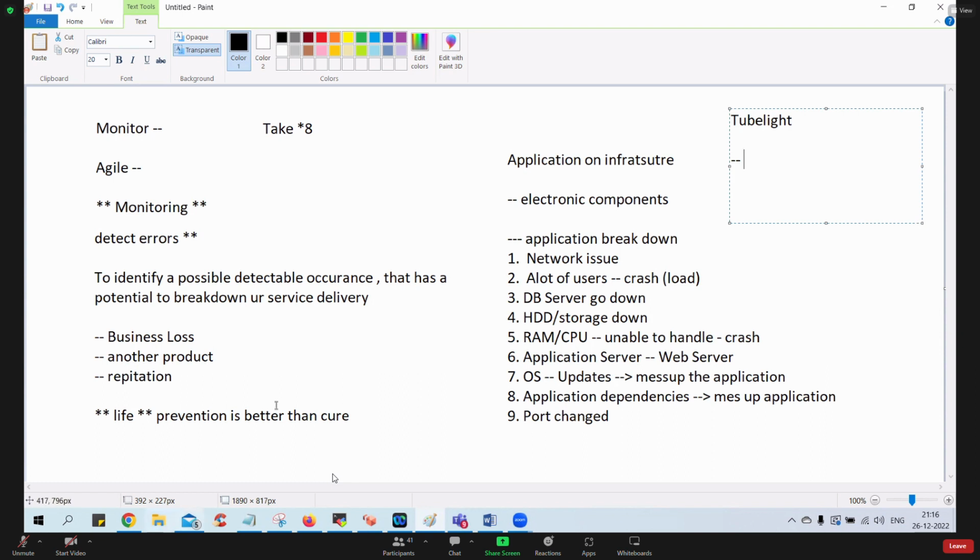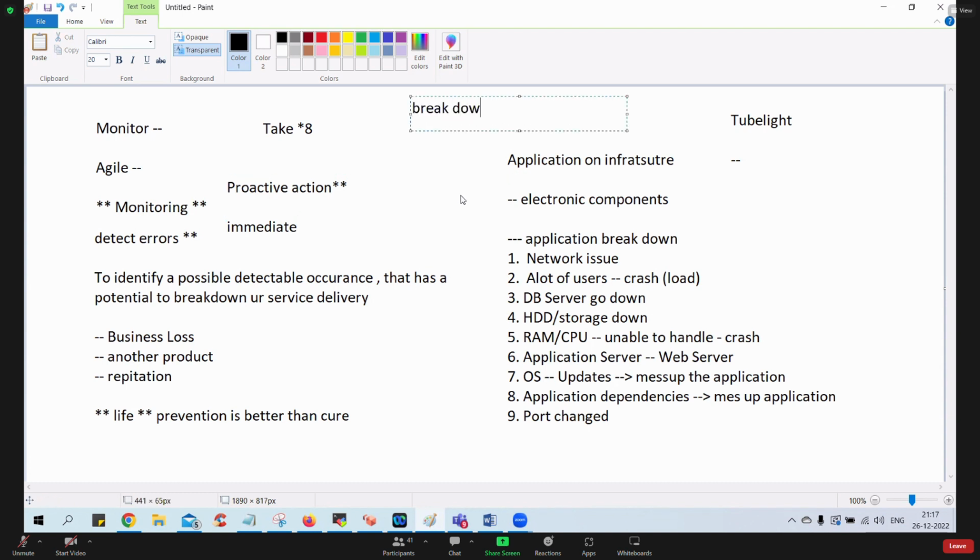So in simple words, monitoring is a proactive action. That's the criteria. It's a proactive action. We are keeping an eye. If anything is identified that can potentially break down your services, we take immediate action. If you take immediate action, you're able to minimize the damage, or you can say you're able to cut down the downtime.